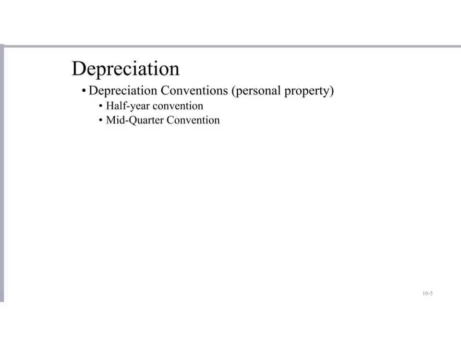All right, now when we're talking about personal property, you have 2 conventions, okay? The half-year convention is most common. You also have what's called the mid-quarter convention, okay? Let's talk a little bit about each of these.